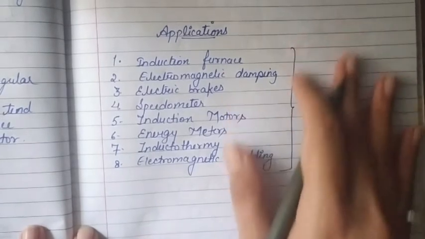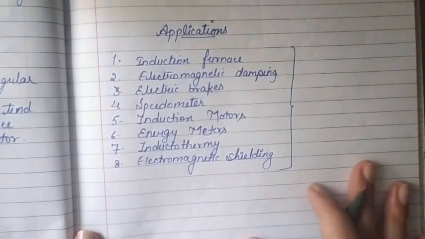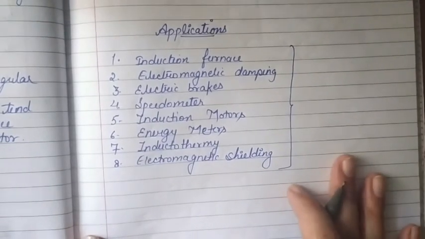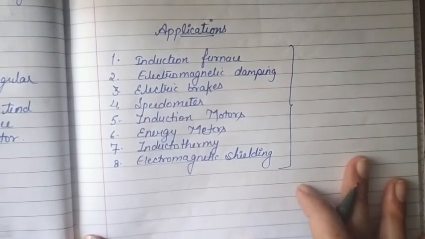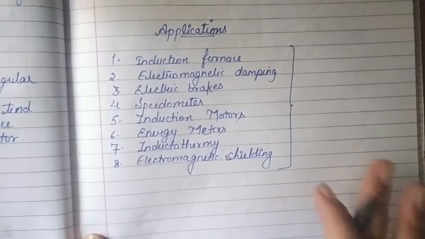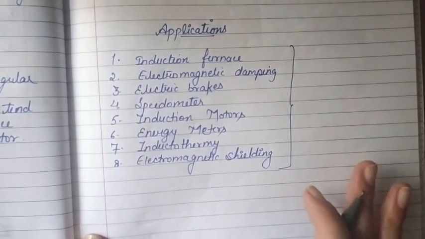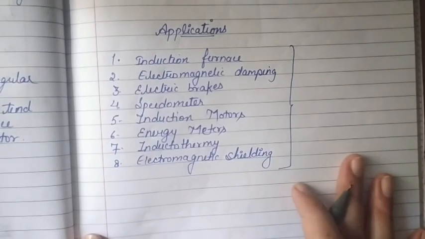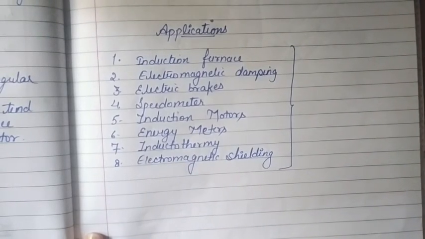Okay, so these are the applications of eddy currents, and that's all about eddy currents. Eddy currents are the currents induced in solid metallic masses when the magnetic flux passing through the body changes. Their direction can be given by Lenz's law, but the path they travel is irregular loops because they try to go through the least resistance path inside the conductor.